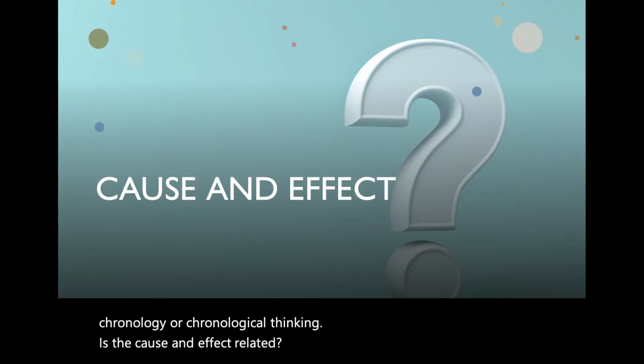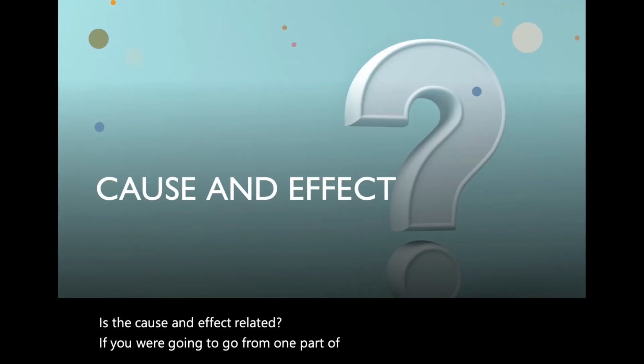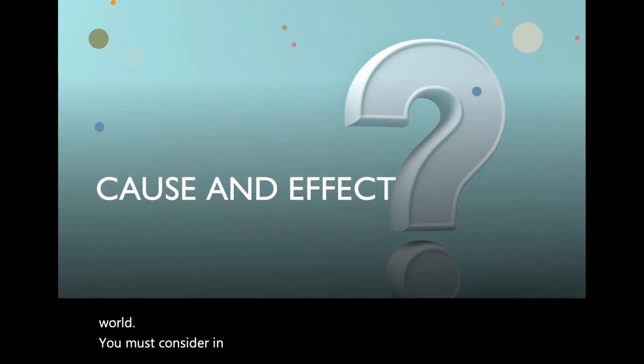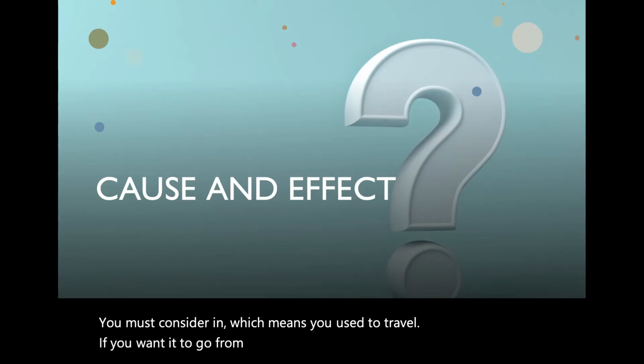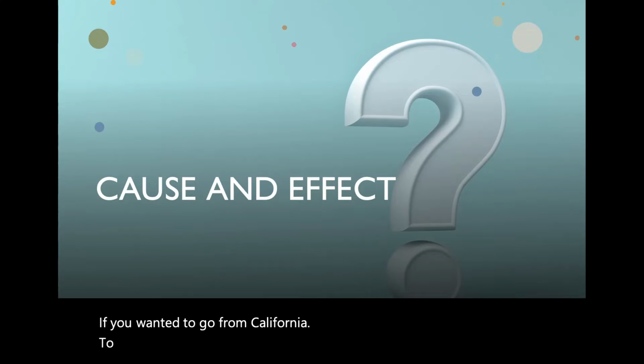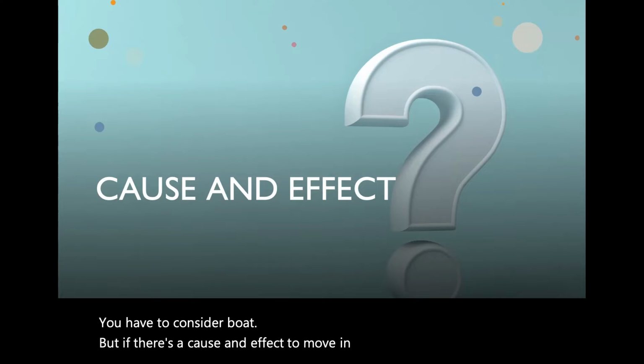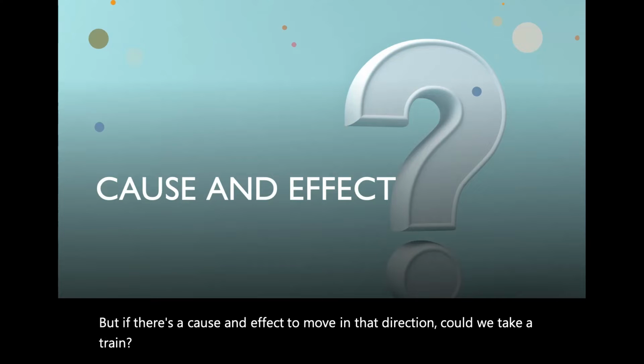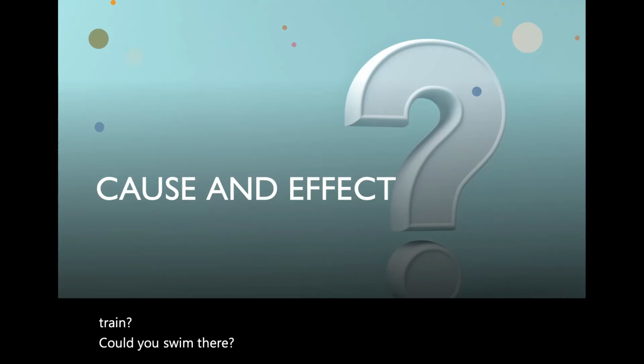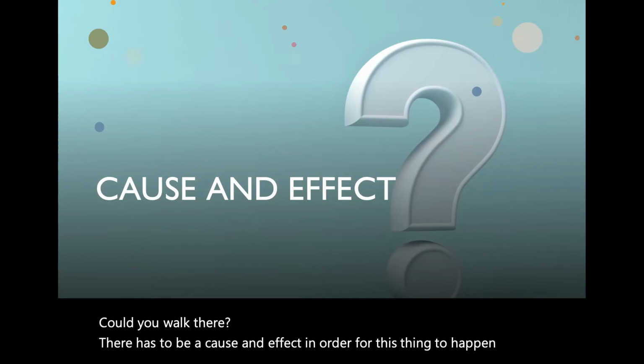If you were going to go from one part of the world to another, you must consider by which means you travel. If you wanted to go from California to Singapore, you have to consider boat, plane. But if there's a cause and effect to move in that direction, could we take a train? Could you swim there? Could you walk there? There has to be a cause and effect. In order for this thing to happen, the effect, what caused it?